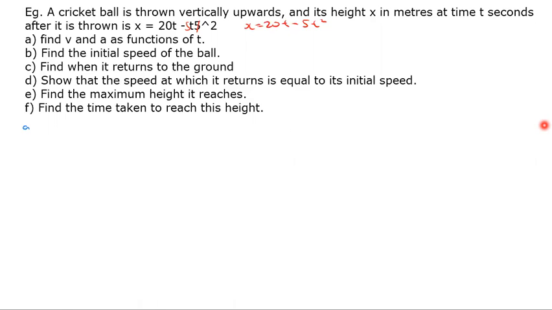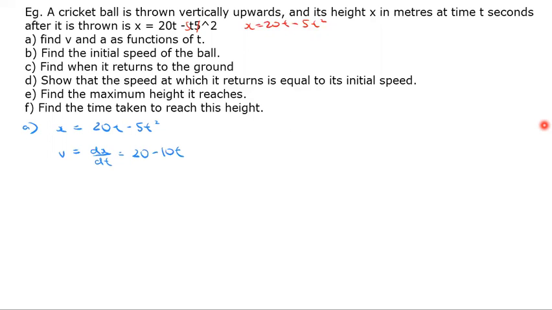So basically you start with the fact that x, which is displacement, equals 20t minus 5t squared. Now, it asks you to find v and a, velocity and acceleration, as functions of t. How would I find velocity as a function of t? Derive it. What's it? 20t minus 5.